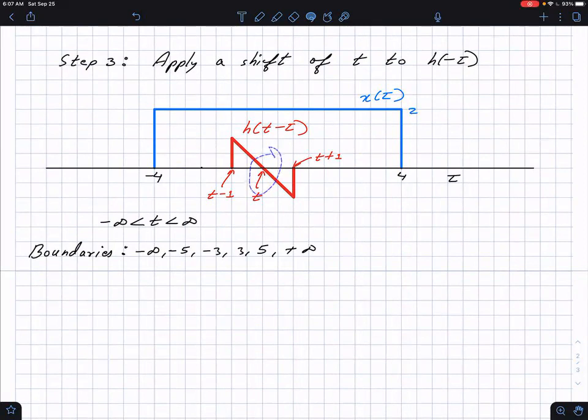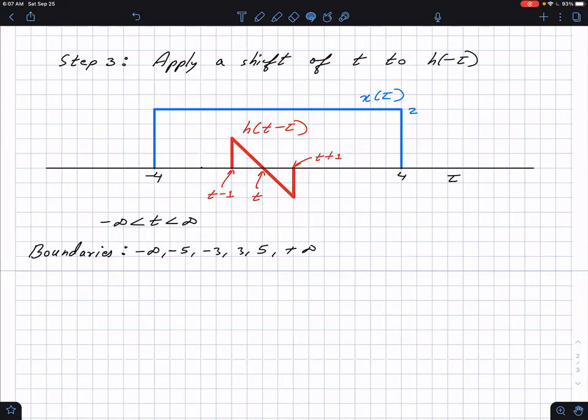And as we apply a time shift of t to it, the point that was initially at 0 becomes t. And everything else will have that as reference. So the point that was initially at +1 becomes t plus 1. And the point that was initially at -1 becomes t minus 1 as we apply a shift of t.